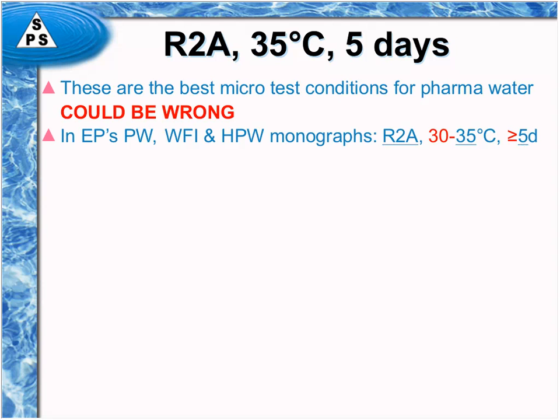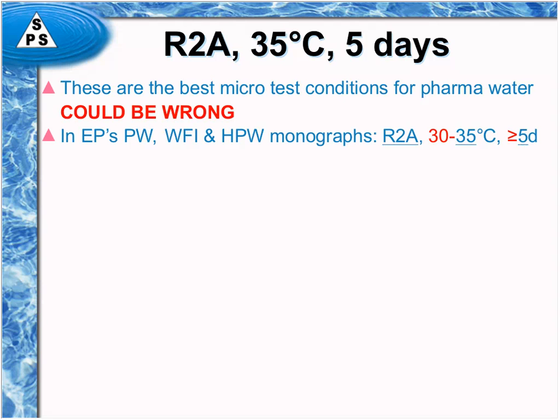Now, you have to understand that those particular parameters, especially the temperature and the incubation time, are not the EP method conditions. The EP method says 30 to 35, not 35. And it says no less than 5 days. It doesn't say 5 days.